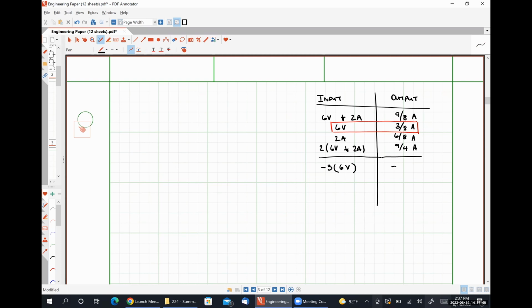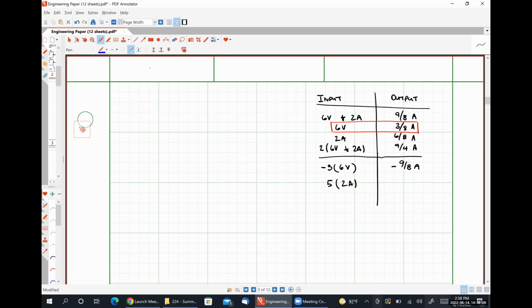So I predict that we would see -9/8 of an amp at the output. Does that make sense? Yes. All right.